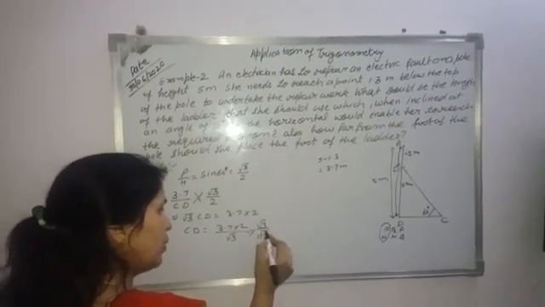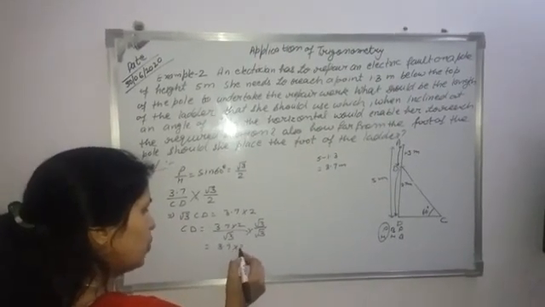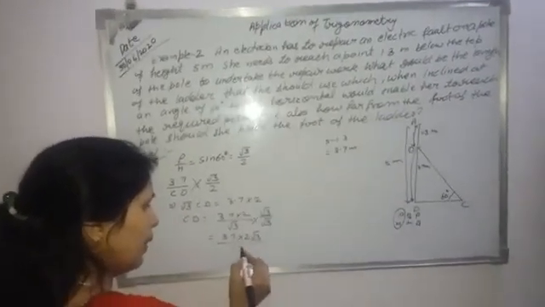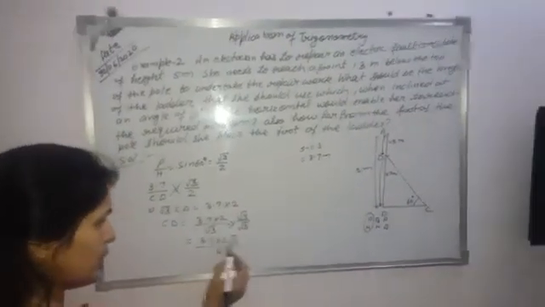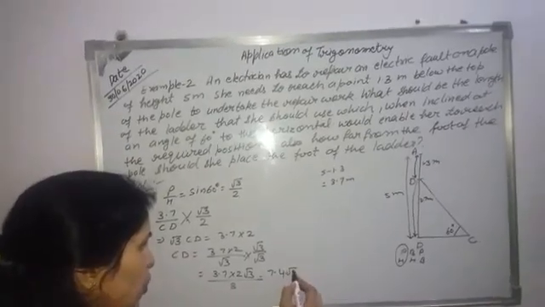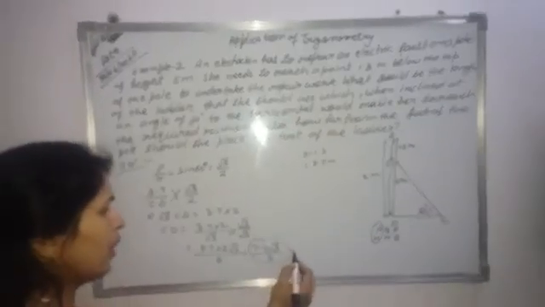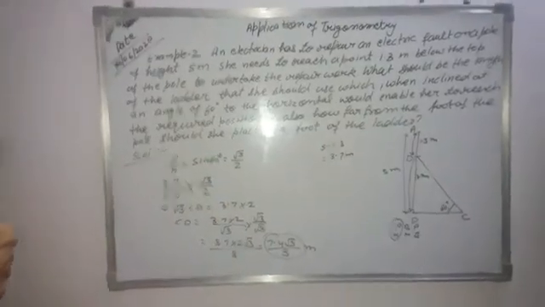Multiply and divide by root 3, so we obtain 3.7 into 2 root 3 divided by 3. So 3.7 into 2 is 7.4, root 3 divided by 3, and this is our required value, or we can say the length of the ladder.